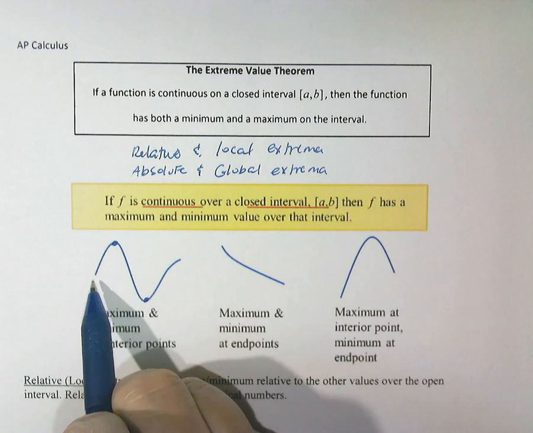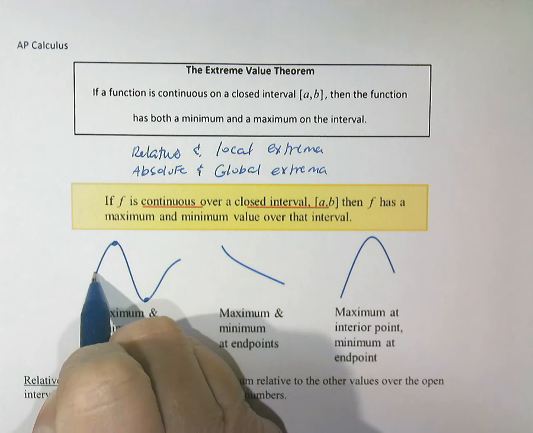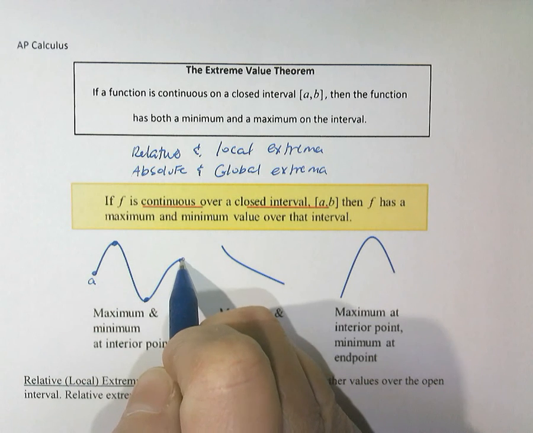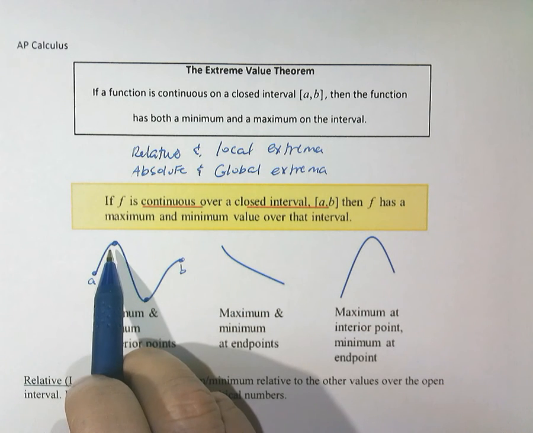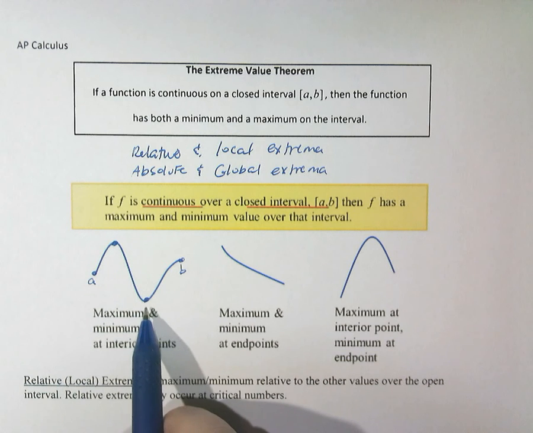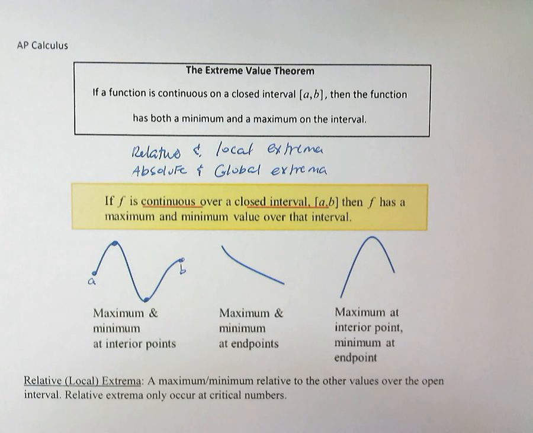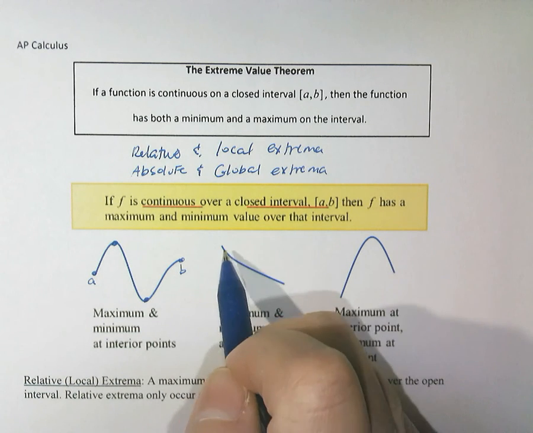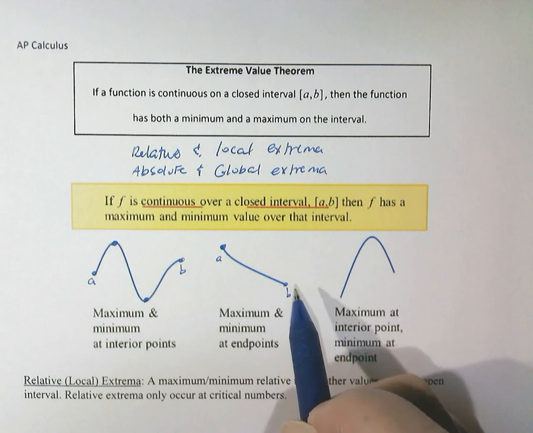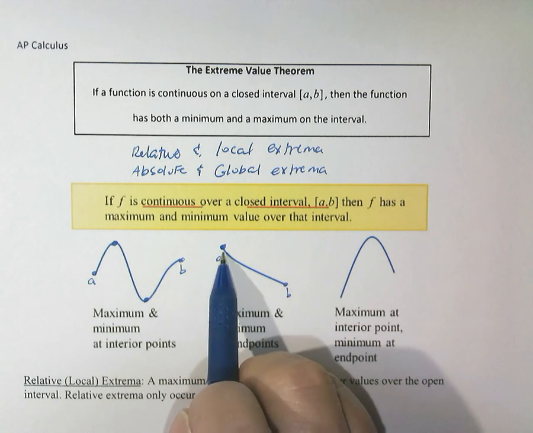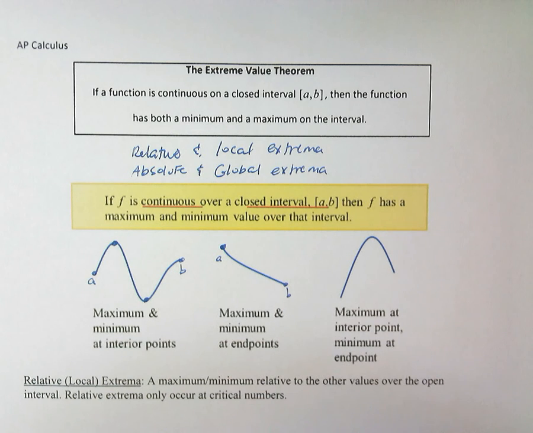So if this were my function on the closed interval from A to B, this is the highest, the absolute or global max, and this is the absolute or global minimum. This graph here, if this were A and this were B, the absolute maximum is at A and the absolute minimum is at B.